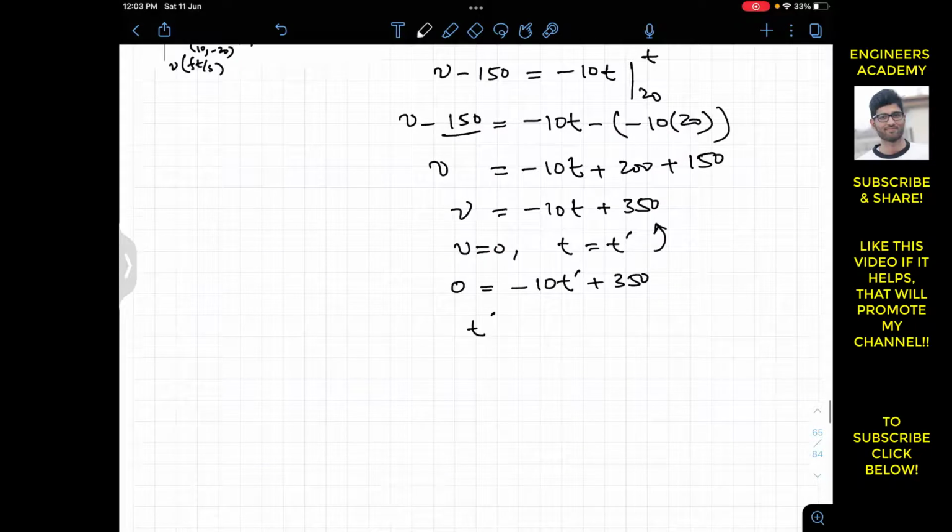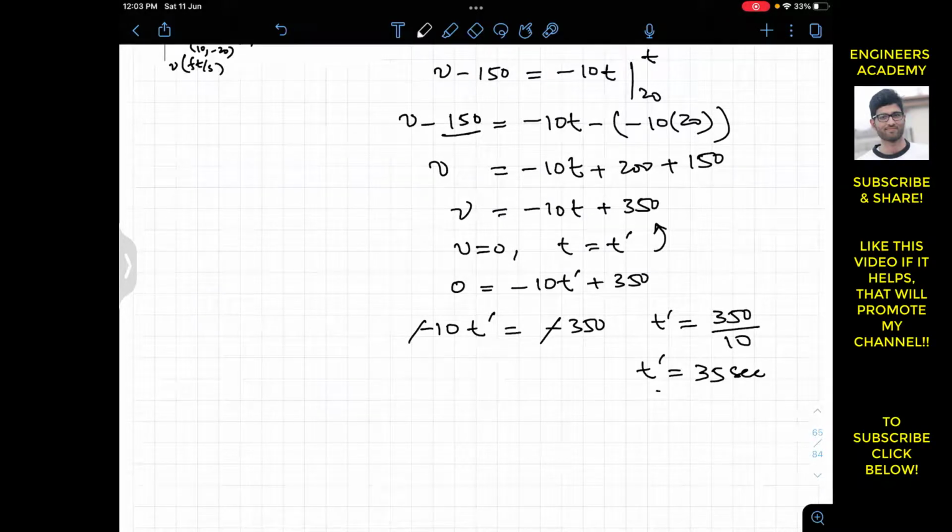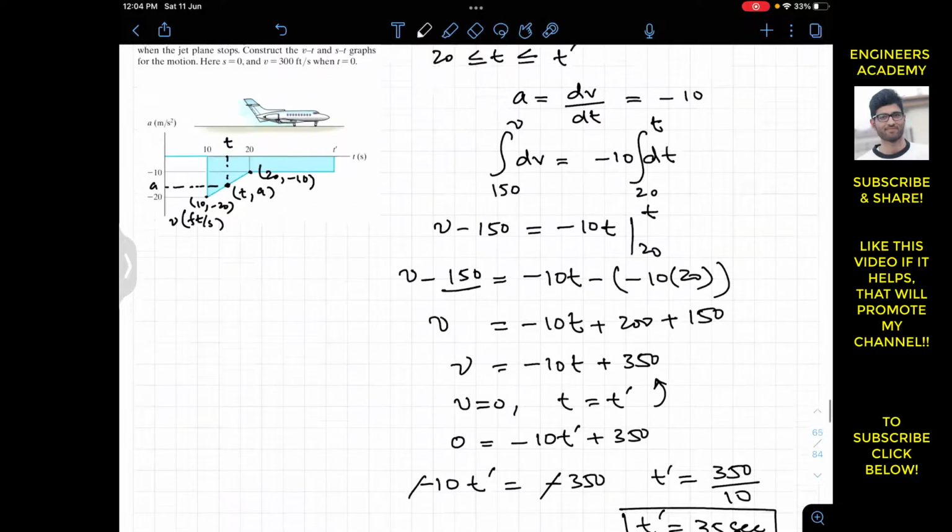From this we have 10t' equals 350, and from this we can say that t' is 350 divided by 10, which is 35 seconds. So the jet will come to rest in 35 seconds. So this is that t' which was required, and at t equals 35 seconds the velocity is equal to 0.